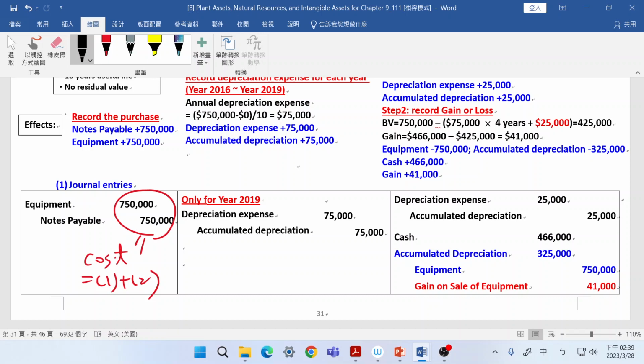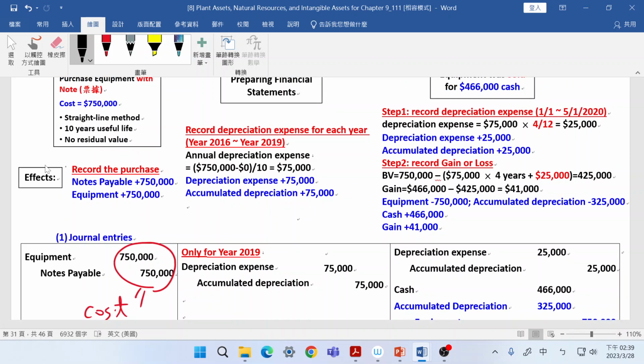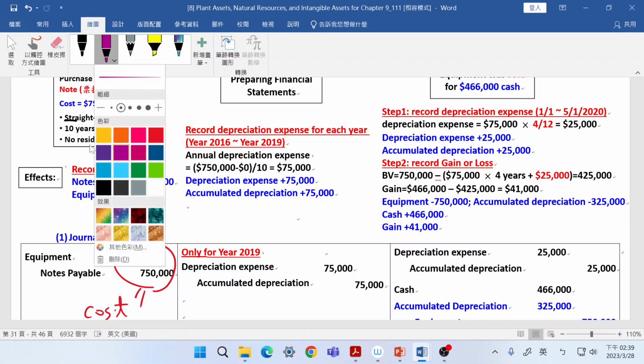After that, since we use it, each year we need to do the depreciation. Since we use the straight line method, each month, each year I get the same number.